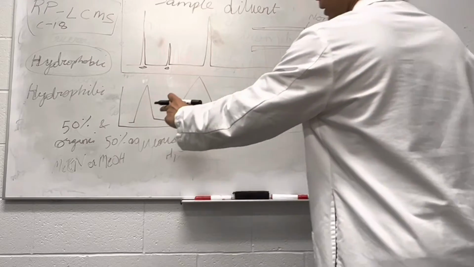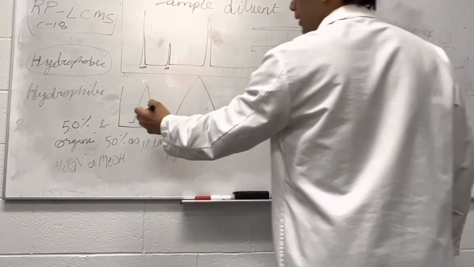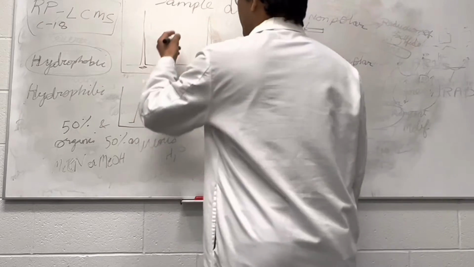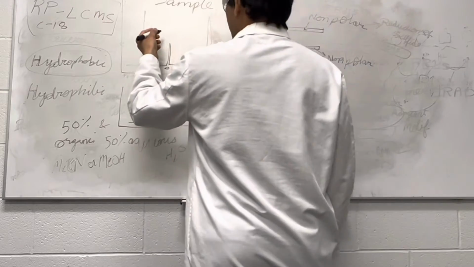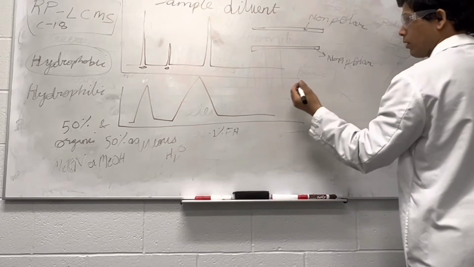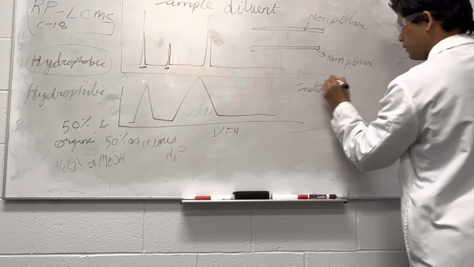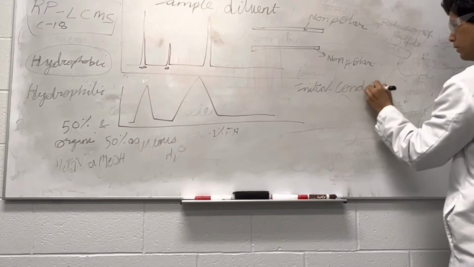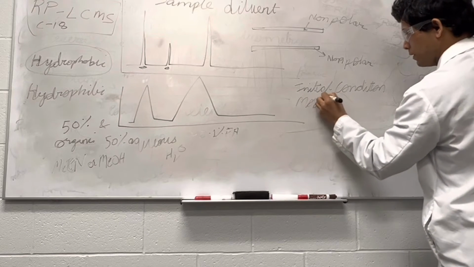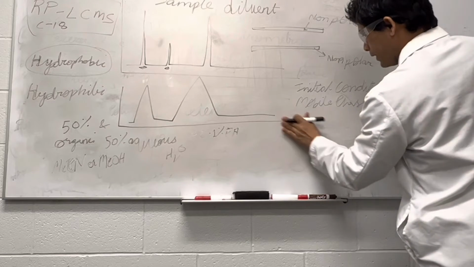However, let us consider some examples to understand how good this general guideline is. Let's talk about one initial condition of the mobile phase, that is the mobile phase running in the column.